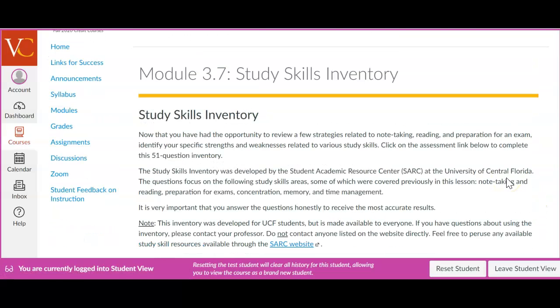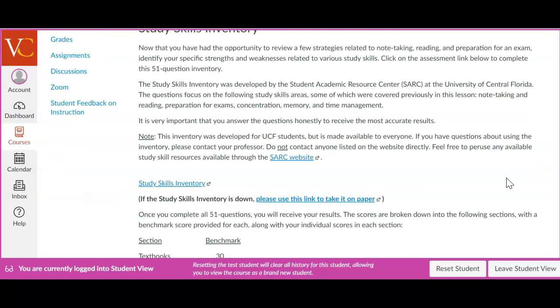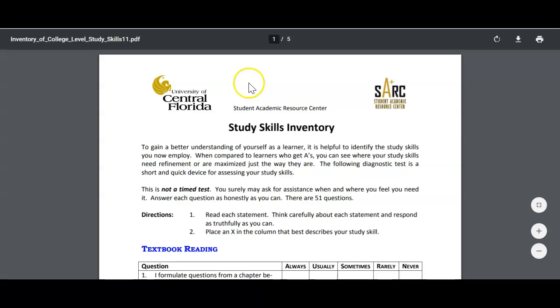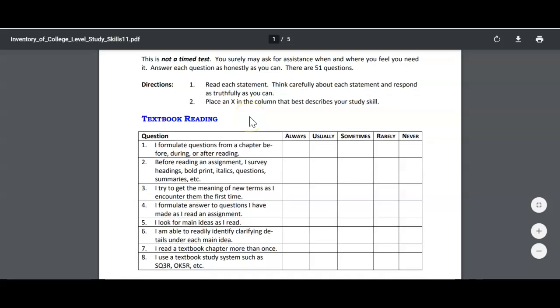All right, here we get down to the meat now. On page 3.7, you're going to take the study skills inventory. Now, if you click the website, you may get a message that says it doesn't exist anymore, but it does. So if you click this link here to take it on paper, it will load the PDF version.